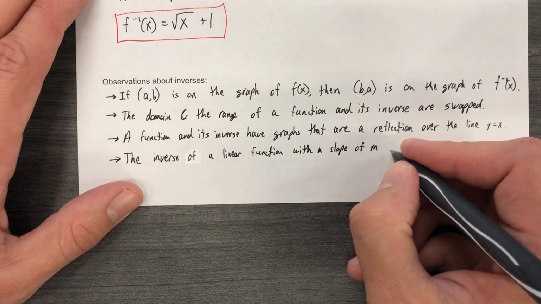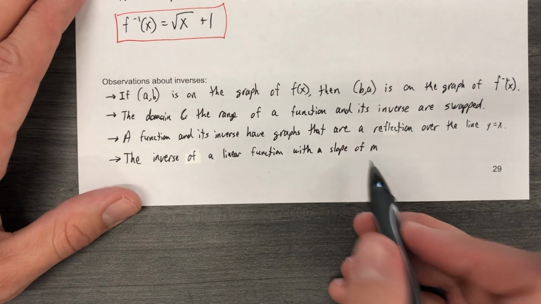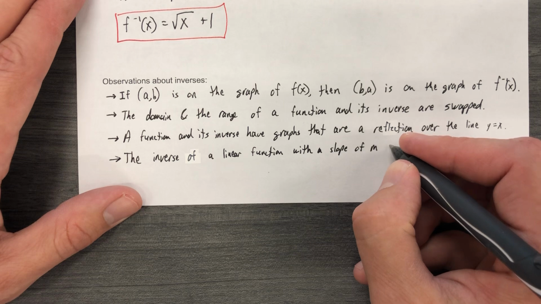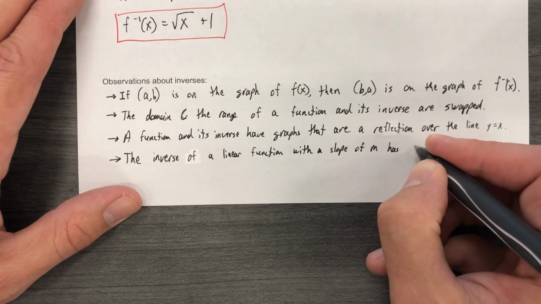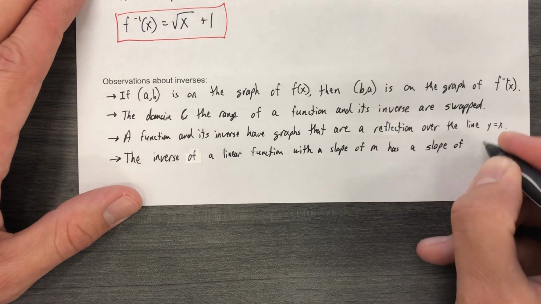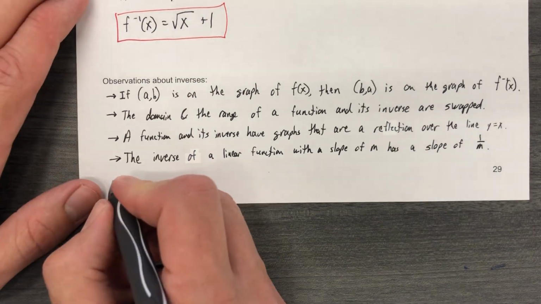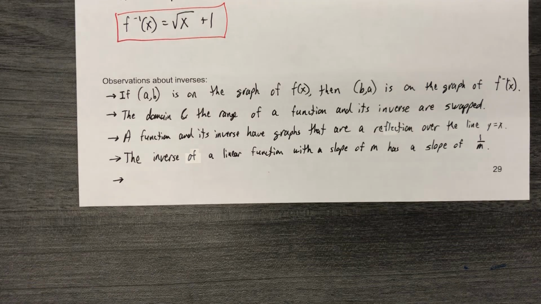The inverse of a linear function that has a slope of m has a slope of 1/m. It's the reciprocal. Okay, and then there's one more observation that we're going to explore in the next video, and it is really, really neat.